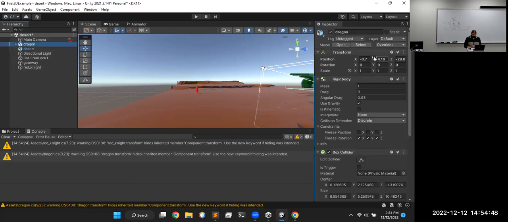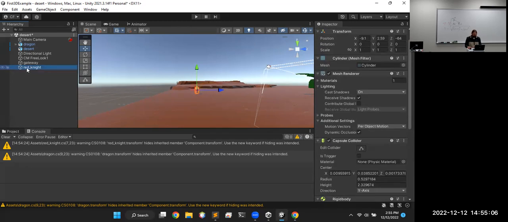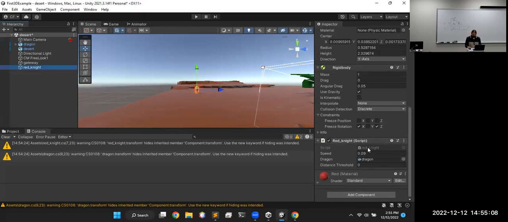So our dragon is at basically 0.30, and our knight is at 10.64. So I'm going to start by setting that threshold someplace pretty high. Let's try 20 and see where that gets us.